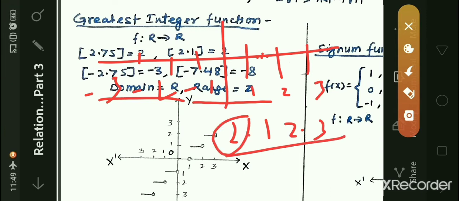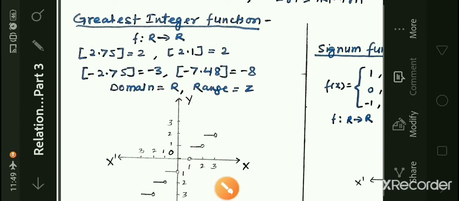And in case of negative numbers, if there is -1.5, its extreme left integer will be -2.